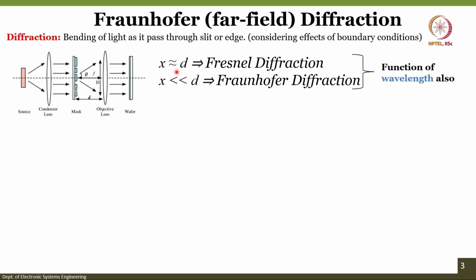Now you see the overall formula or criteria to decide which particular diffraction method is possible in this case. This X is called the space width. We will be discussing this in greater detail in future, but I am just drawing this line here, and let us say this is your design in your mask.